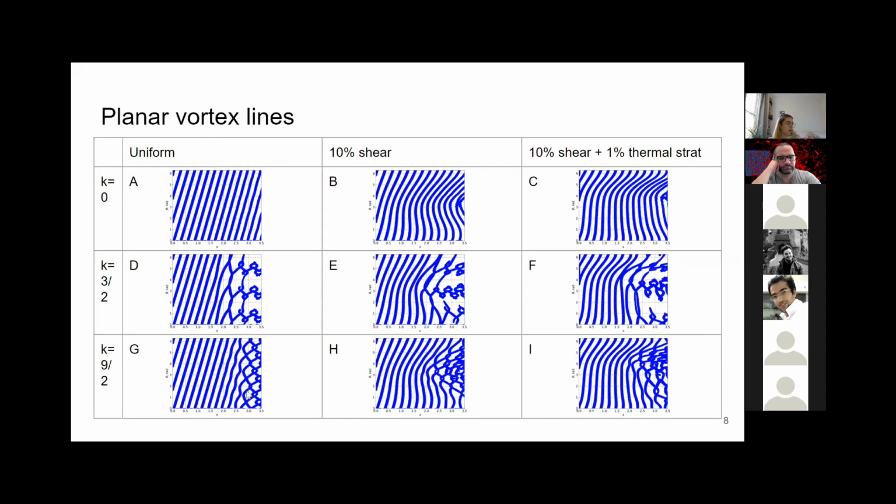And with our larger wave number, so a shorter wavelength, it takes a little bit longer for this to happen because the amplitudes are a little bit smaller. And again, you can see how shear is causing breakdowns to happen faster along the bottom than along the top, and the change that thermal stratification is having to the flow structure.